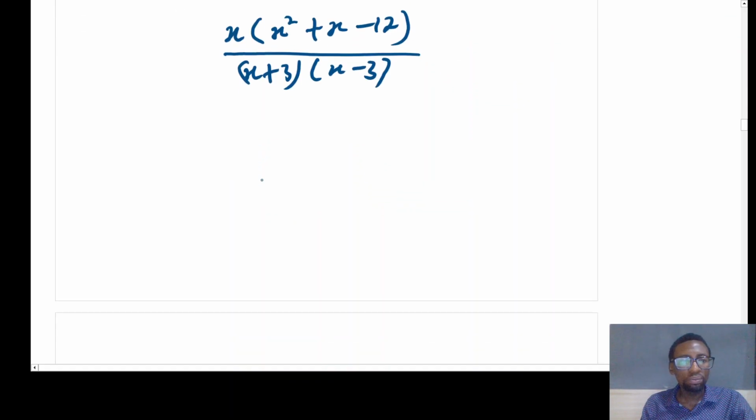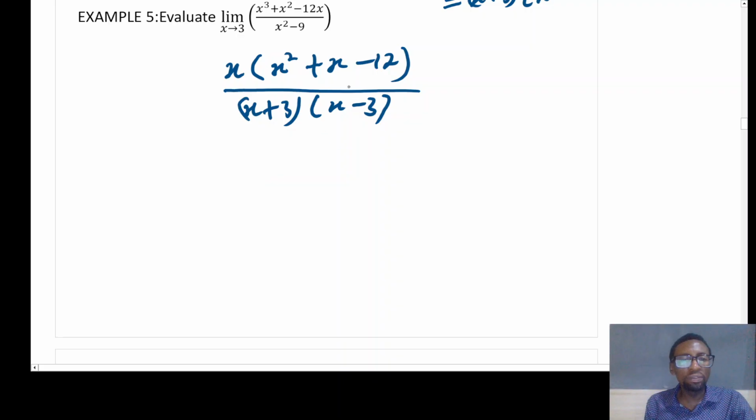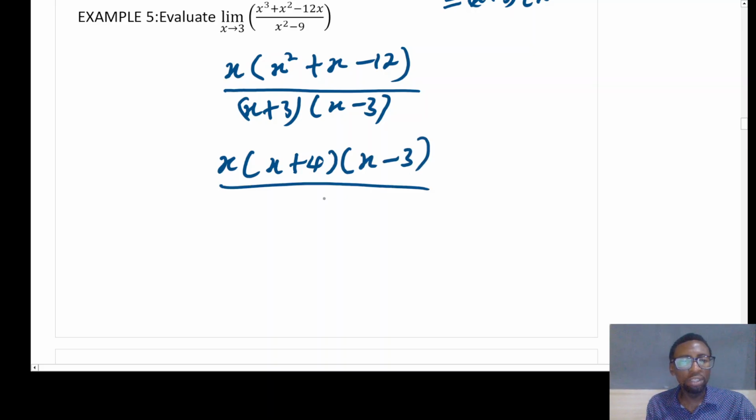So I will now see if I can factorize the quadratic in the bracket here. So this will give me x bracket. If I factorize this, I will have x plus 4 bracket x minus 3 divided by x plus 3 bracket x minus 3.